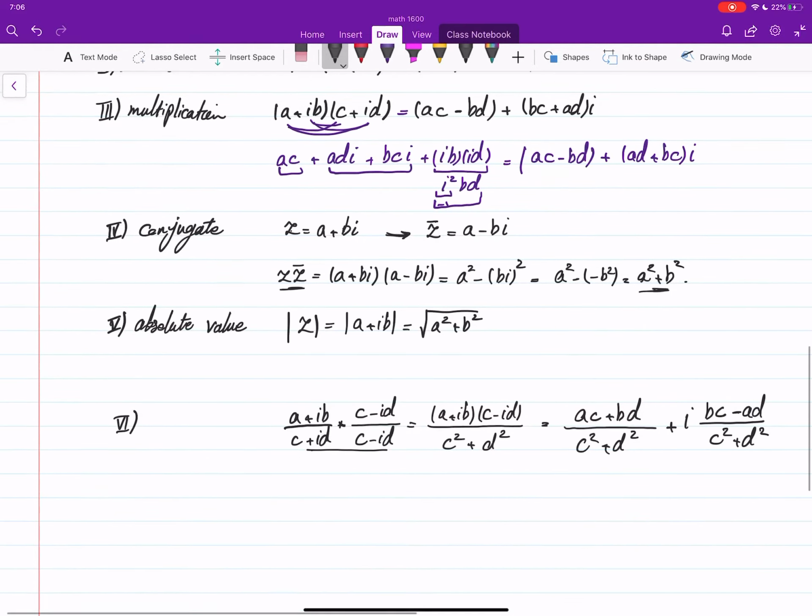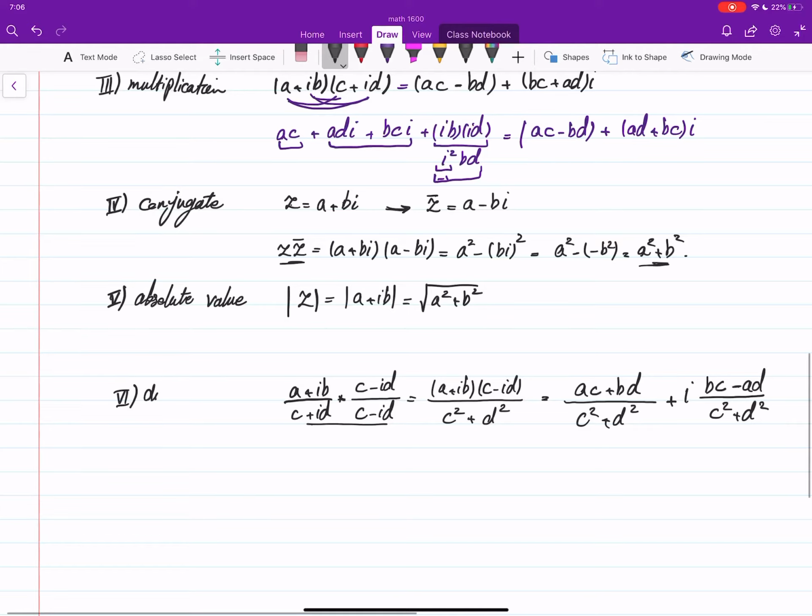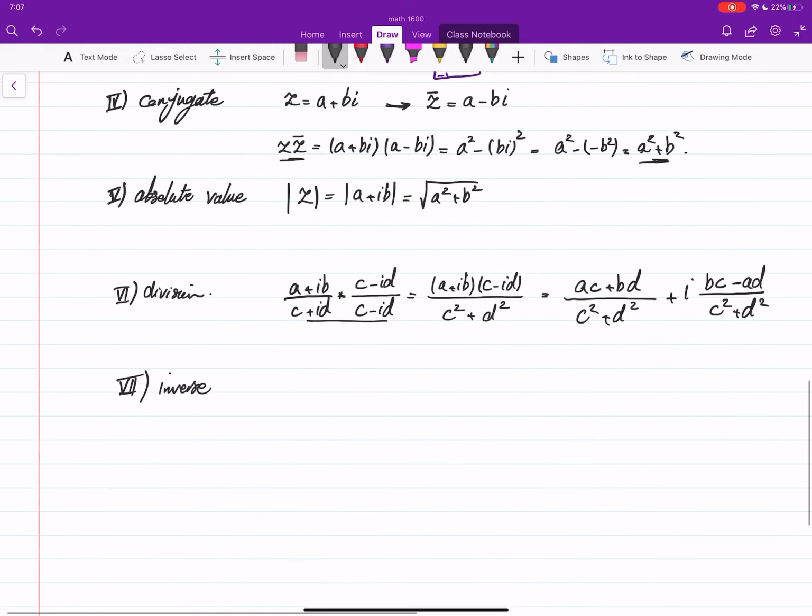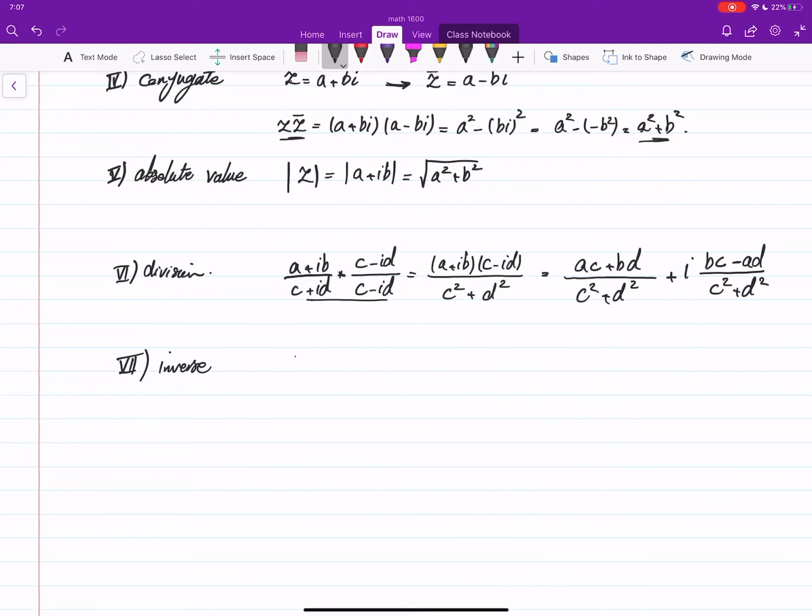This is division. In particular, the inverse of a complex number. If a complex number is non-zero, then we have 1 over (a plus ib). What you do, you multiply this by (a minus ib) over (a minus ib).